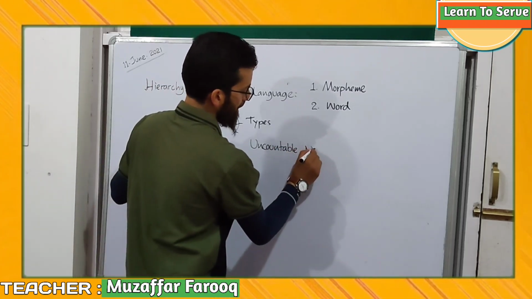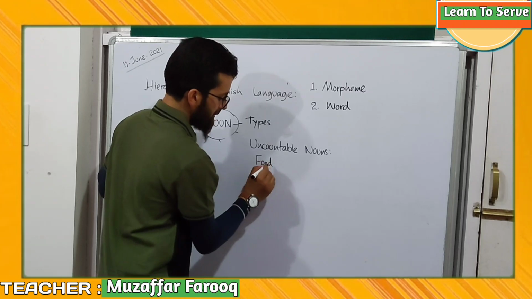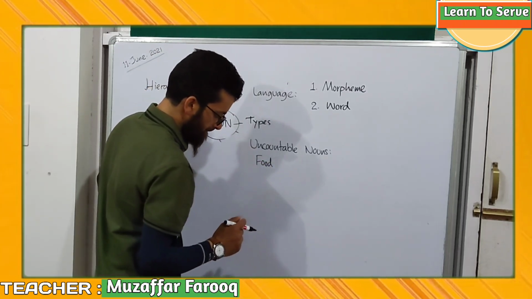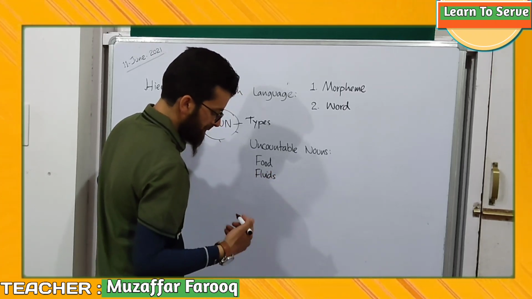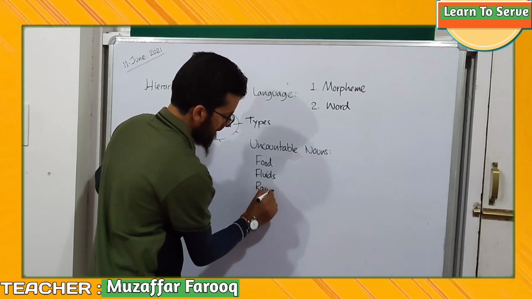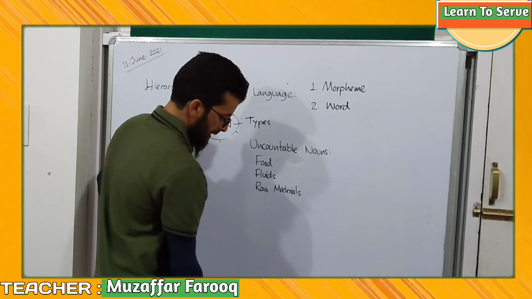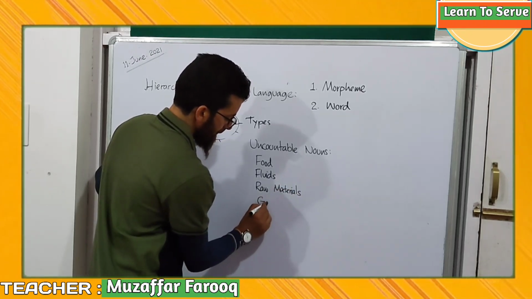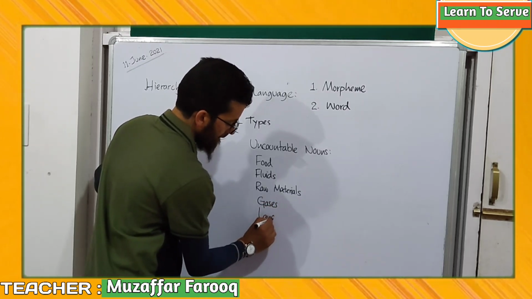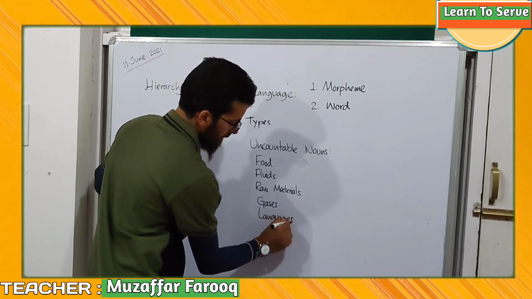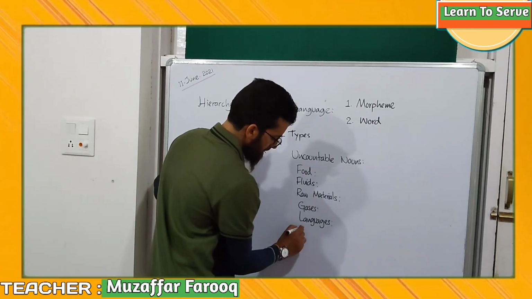Uncountable nouns: we have categories of food, categories of fluids, categories of raw materials, categories of gases, categories of languages, categories of sports.